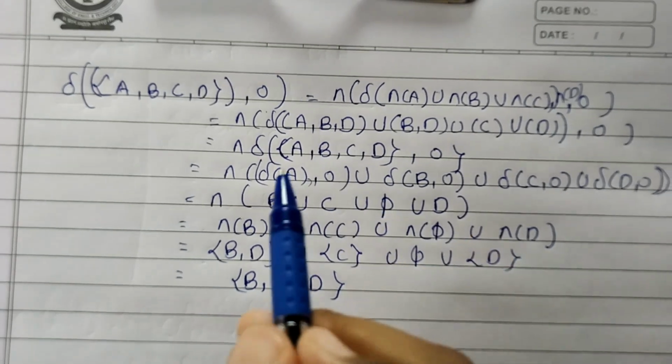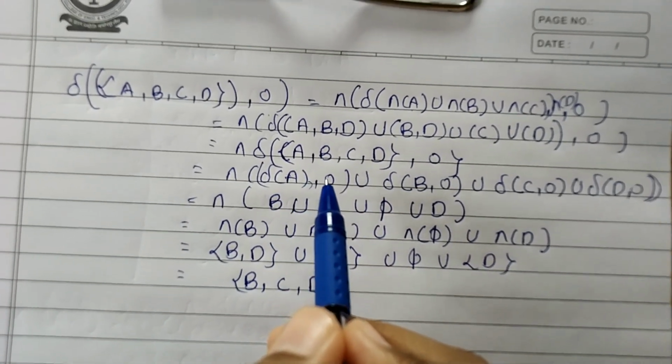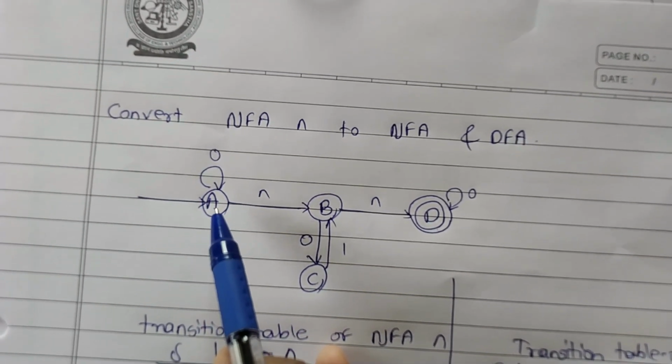One mistake we made here. A comma 0 is read by A itself.